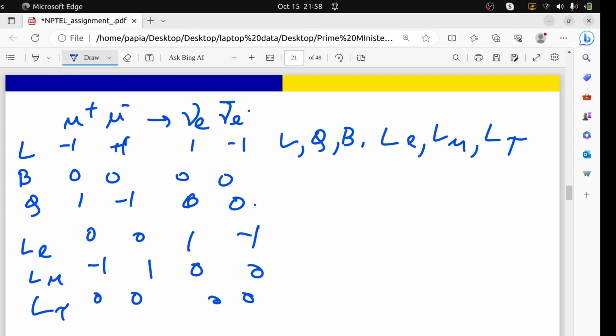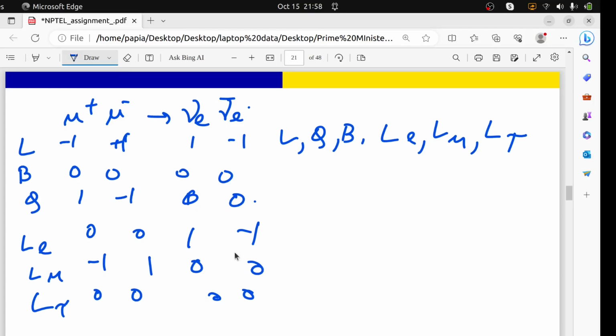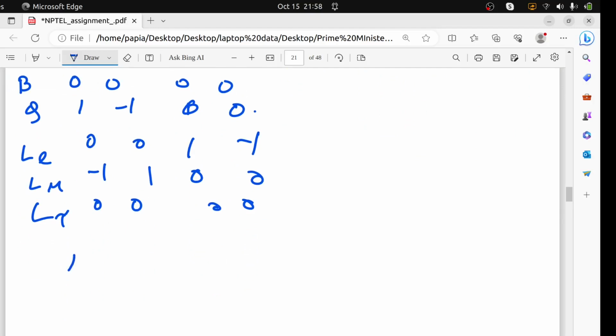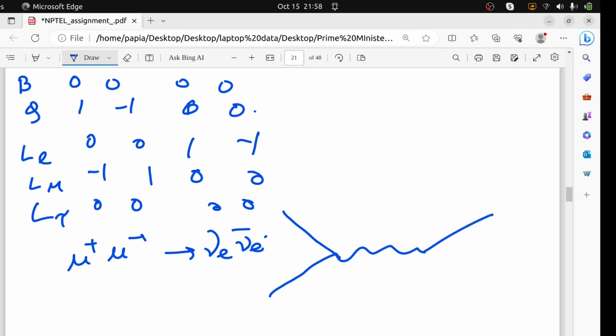Now coming to the Feynman diagram. What will be the Feynman diagram for this case? In that case, let's say I am drawing this one: mu plus, mu minus, nu E bar. Now you can see that in that vertex, plus 1 is coming, minus 1 is coming.